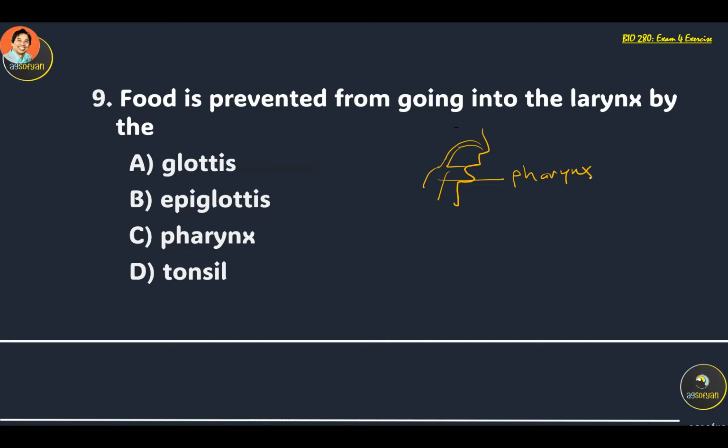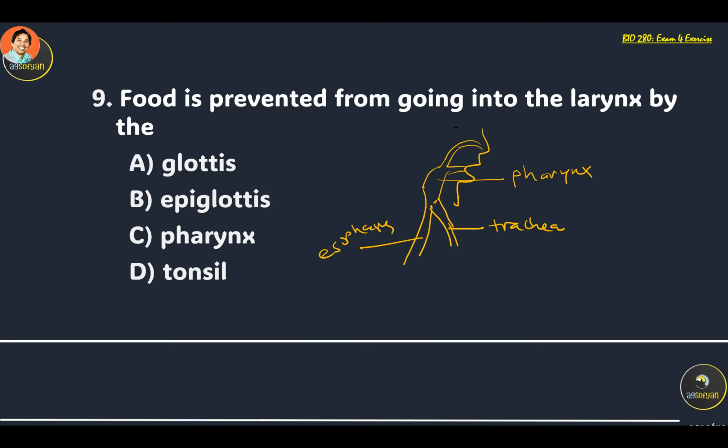So the pharynx will receive both food and the air. And then from the pharynx, the air and the food will be separated. The food will go to the esophagus. The air will go to the trachea.